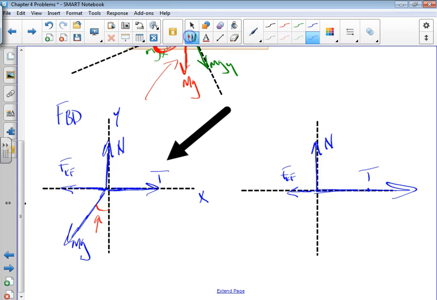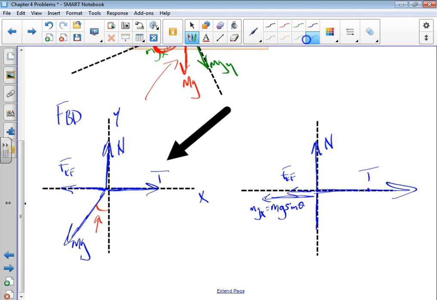So the x component of weight is going to look like roughly this. And I'm going to call it mgx, which is going to be found, by the way, from the weight, mg. Now, this is where the inclined plane switcheroo comes in. Normally we'd use cosine for the x, but in this case we're going to use the sine of that angle they give us.